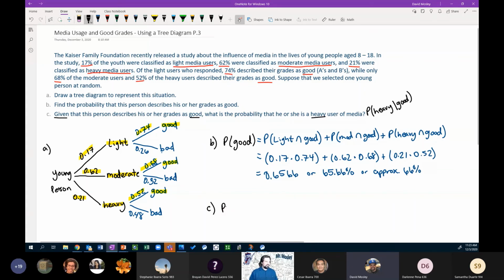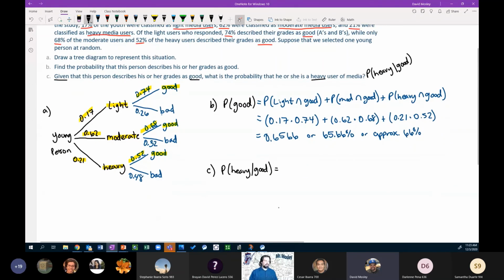So in this case, we have the probability of heavy given good, which, again, based on our previous work, we know that we use the conditional probability rule, which is the probability of heavy and good divided by probability of good, which we have these numbers already.